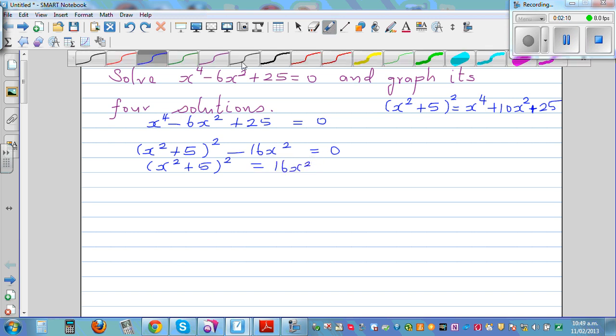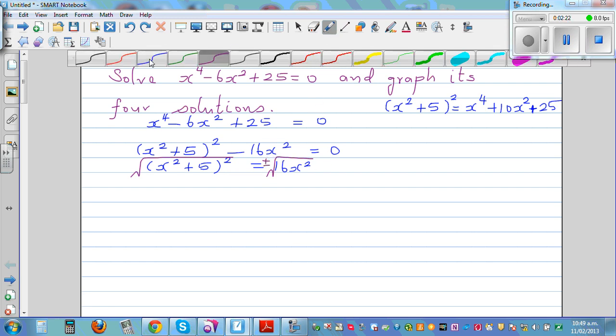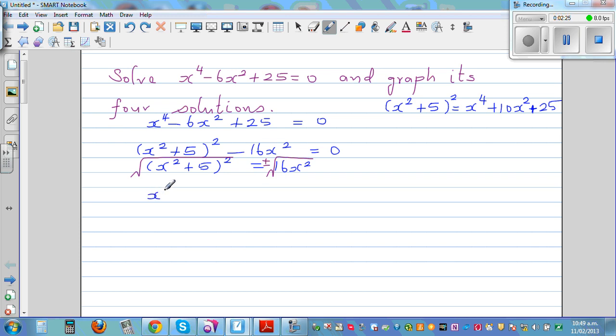If I want to remove the square, I have to take the square root of this side. Now, as there is a number there, you have to put plus or minus. So this becomes x squared plus 5 is equal to plus or minus 4x. The square root of 16x squared is 4x, and you got plus or minus.